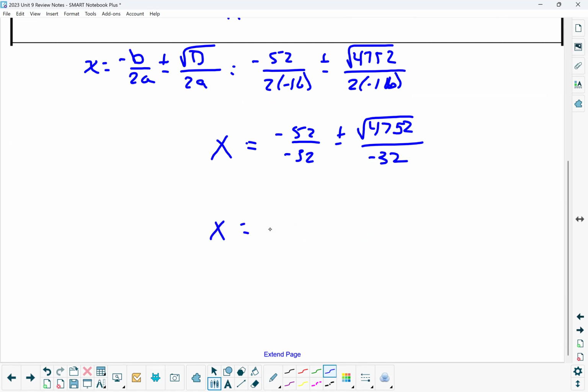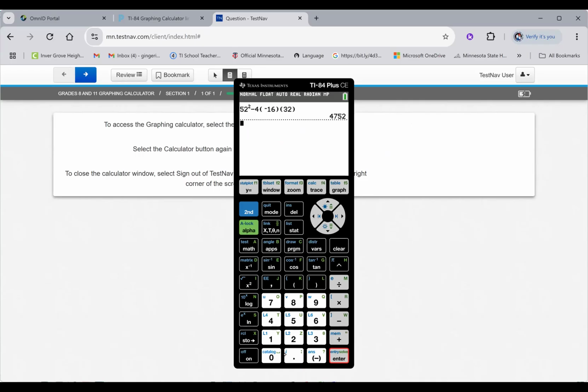And now go to my calculator and simplify. So negative 52 divided by negative 32 plus the square root of 4752.